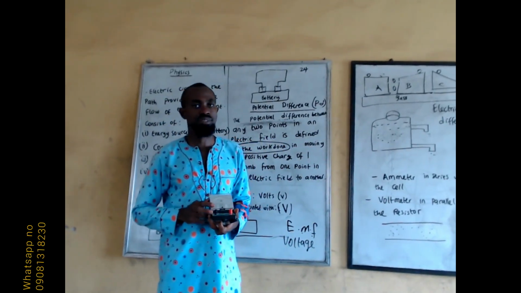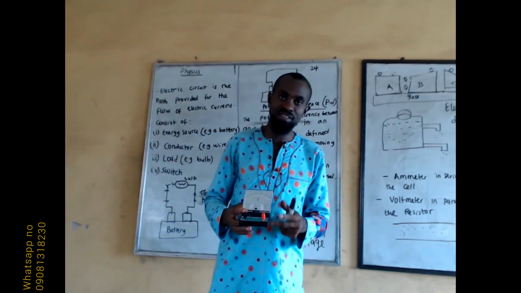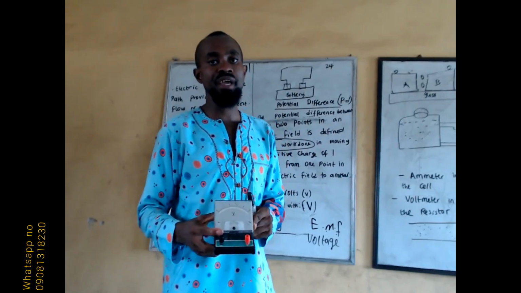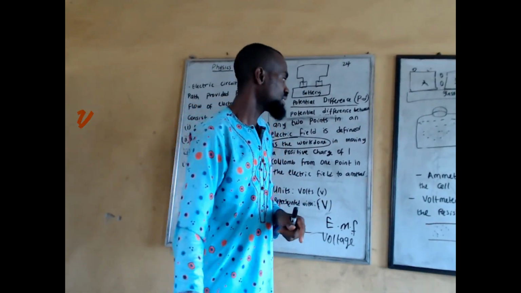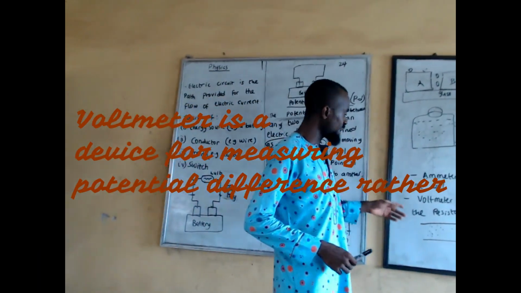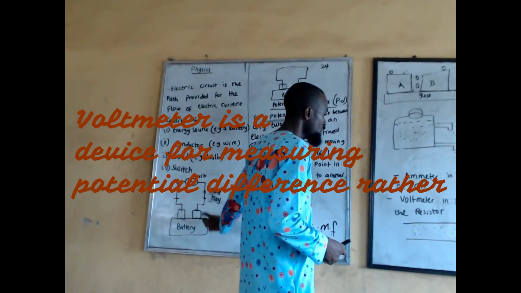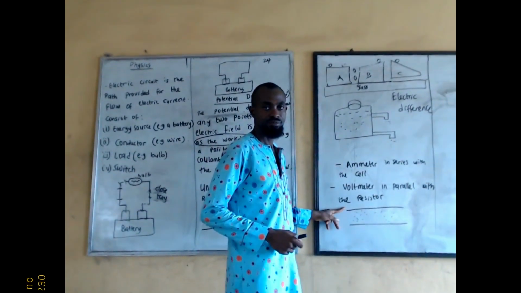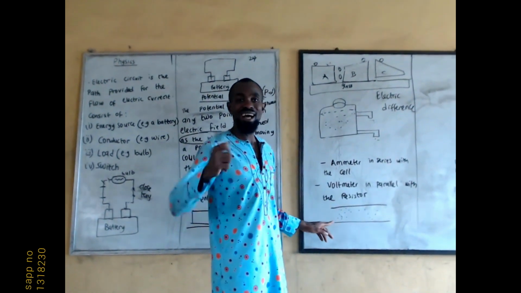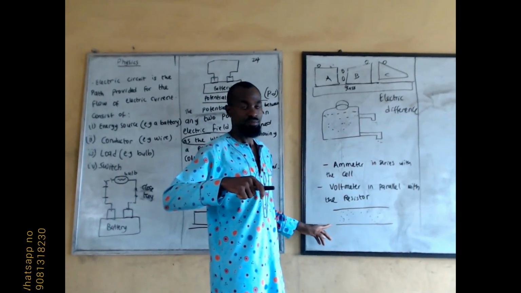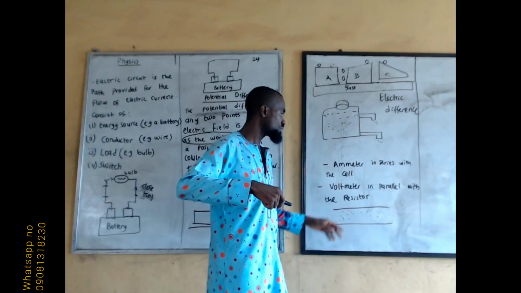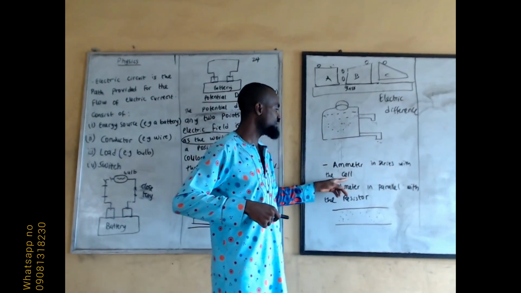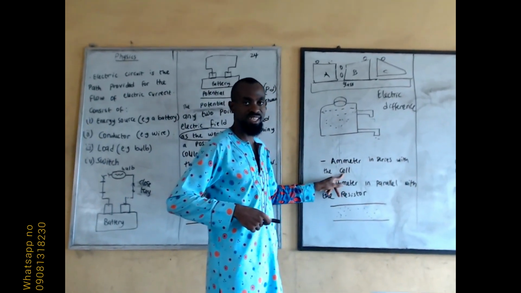A voltmeter is a device for measuring voltage. When you add a voltmeter to your circuit, you connect it in parallel. And you can add an ammeter to your circuit, but you have to connect it in series with your power source or your cell.